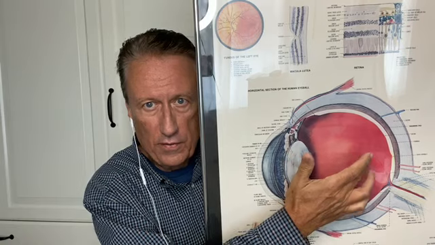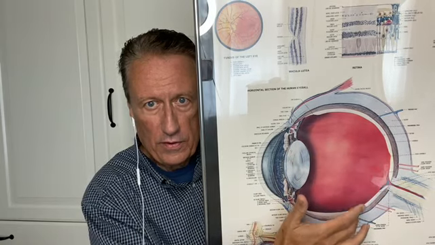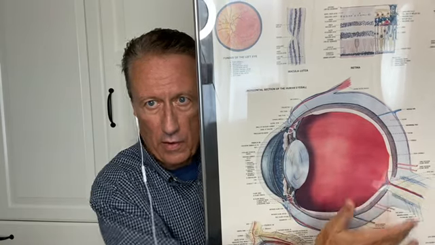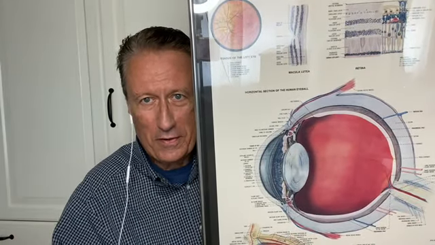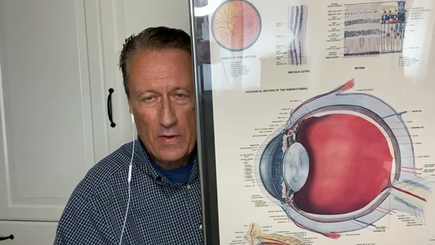Before we leave the front of the eye, we're going to talk about glaucoma, and that'll be the next video, and it'll concern the front part of the eye, but then also damage that glaucoma causes in the back part of the eye, the retina. But we are, in this series of videos, going to work our way through the vitreous and back to the retina and the optic nerve. The optic nerve connects to the brain so that you can see and interpret what's coming into your eye.